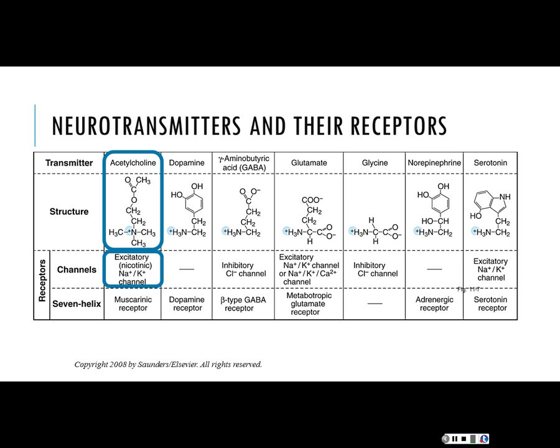There are other types of cholinergic receptors. We call them muscarinic. These are the ones that activate a second messenger. And you notice we don't see the word excitatory or inhibitory on here. Notice the absence of any indication. So that means in some cells it may be what? Excitatory.